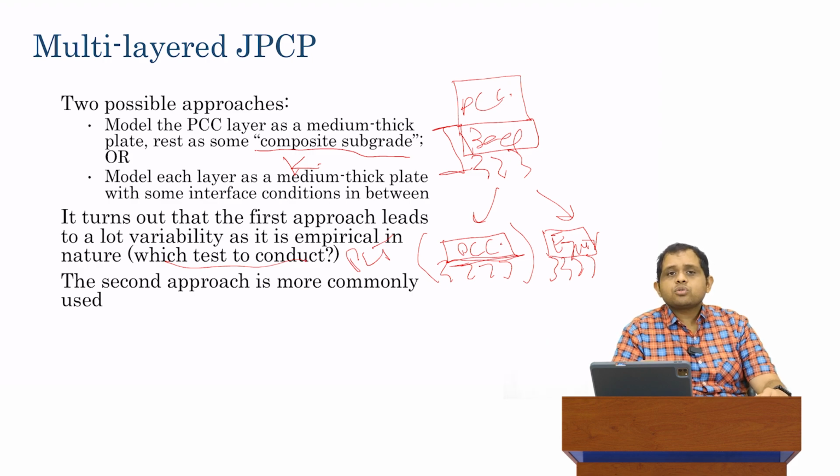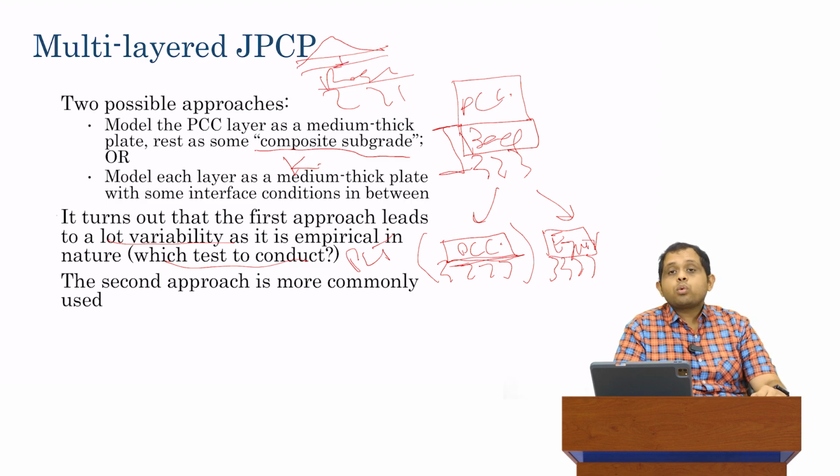Well, as it turns out, it's quite difficult to use this test to get any sort of equivalent K value when you have a series of aggregate layers. A lot of variability comes in. So you might think it's as easy as, let me throw some aggregate layer, maybe a base layer, on top of a subgrade, and then I will construct the truss, etc., and I will do a plate load test on this.